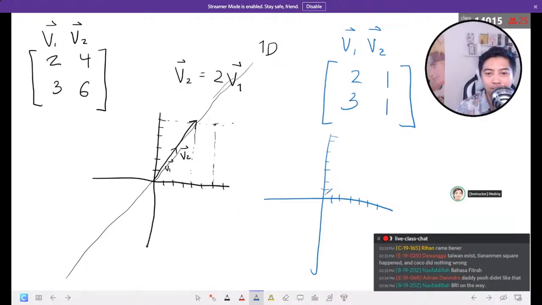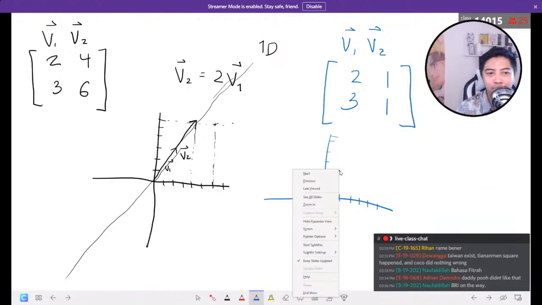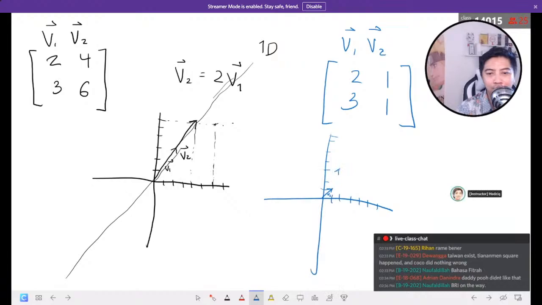Approximately this is V2, and V1 is about here. So it spans in a different direction. Even though it's kind of hard, it's still very possible to define.